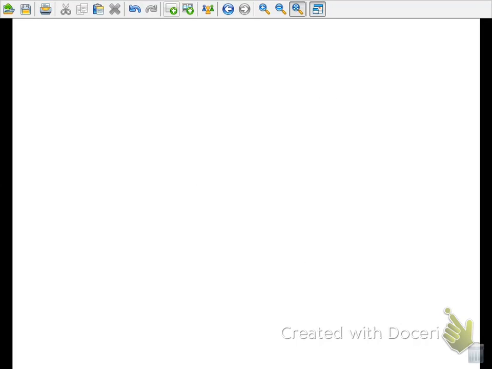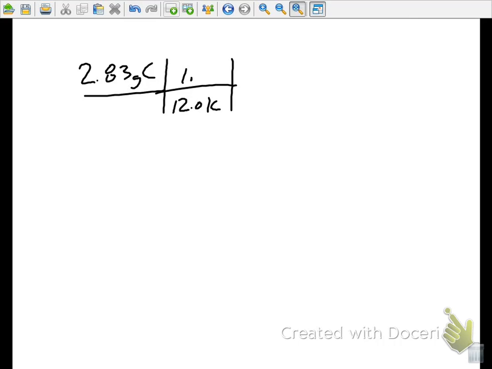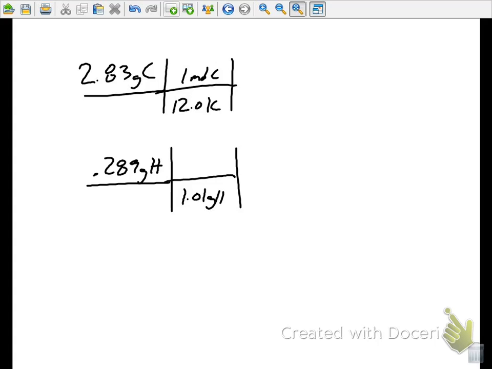So then we have 2.83 grams of carbon, 12 grams of carbon to 1 mole of carbon. We got 0.289 grams of hydrogen, 1.01 grams of hydrogen to 1 mole of hydrogen.